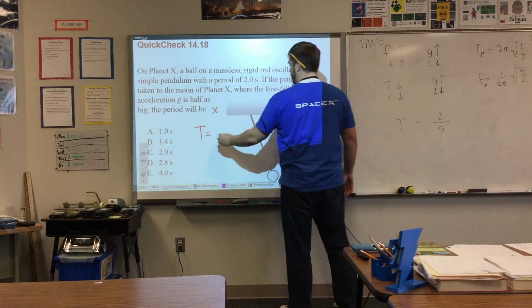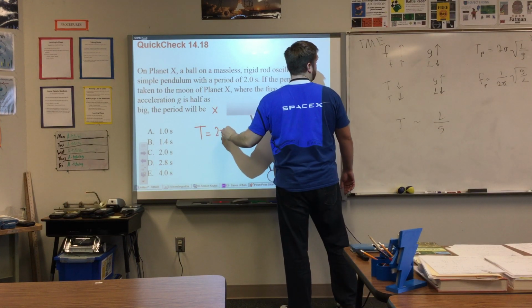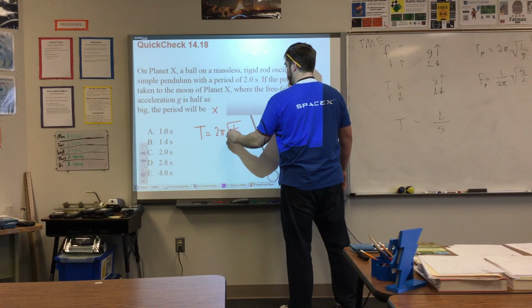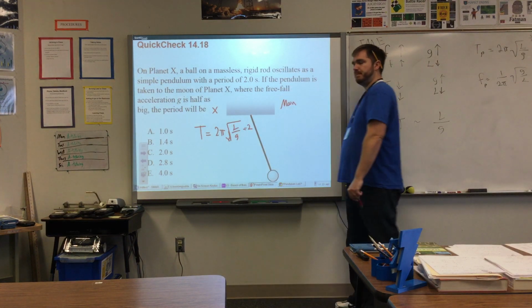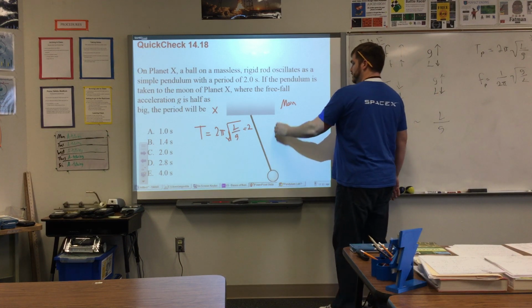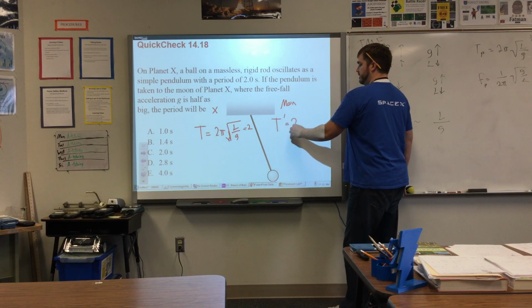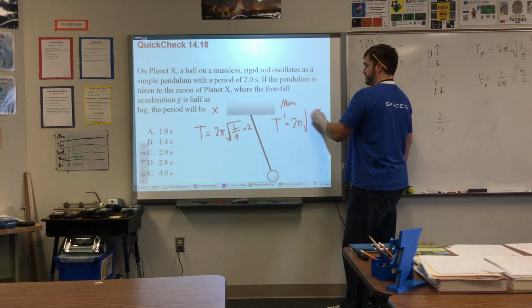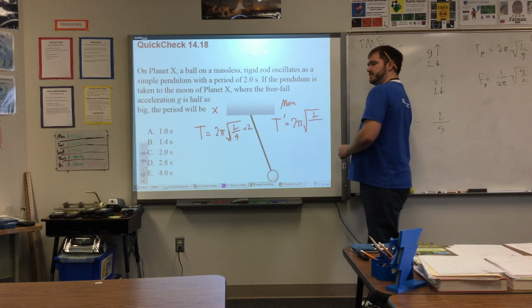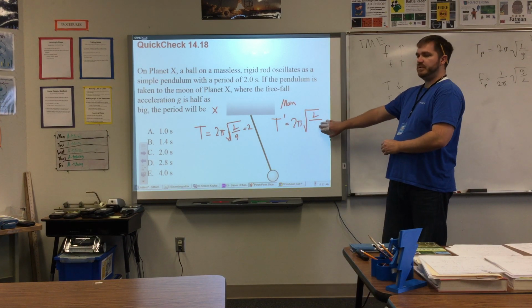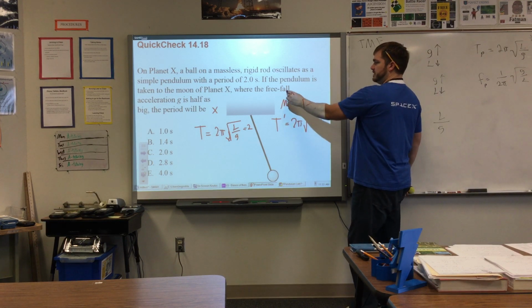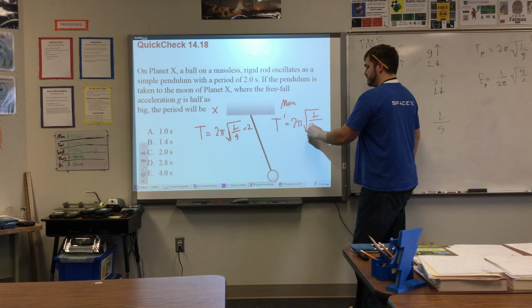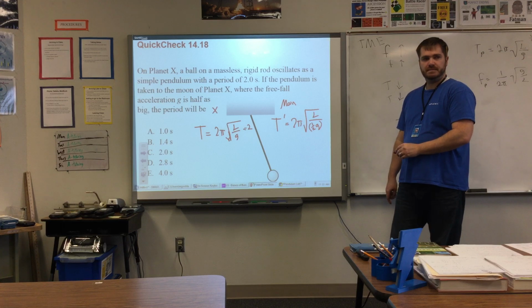You can write that formula, 2 pi square root of L over G, and that's equal to 2. The period on the moon, 2 pi is the same. The length of the pendulum is the same. But what's up with the gravitational pull? It's half of the original. So I'm going to put 1/2 times G.